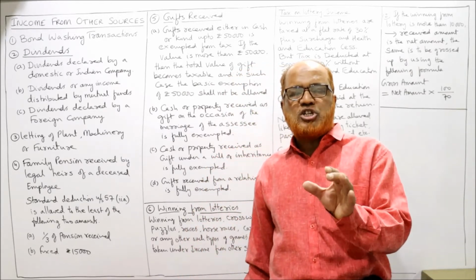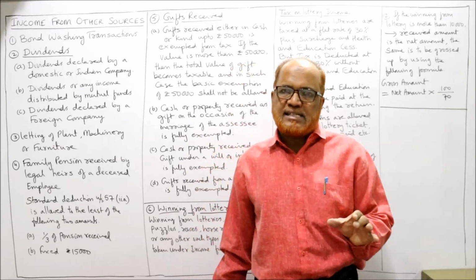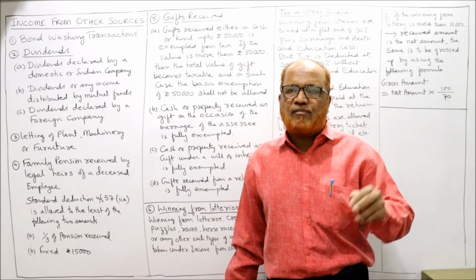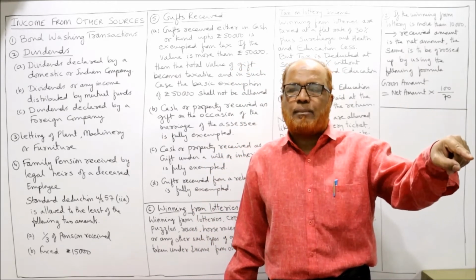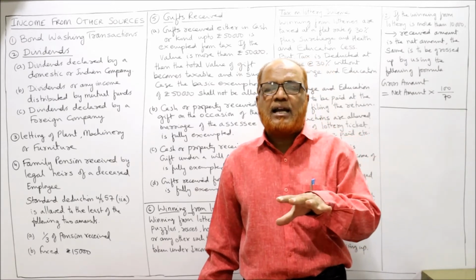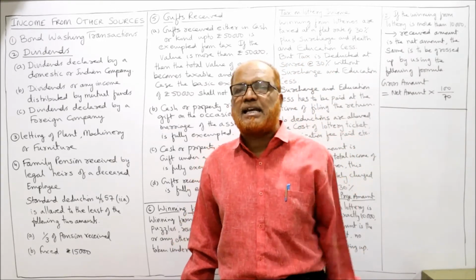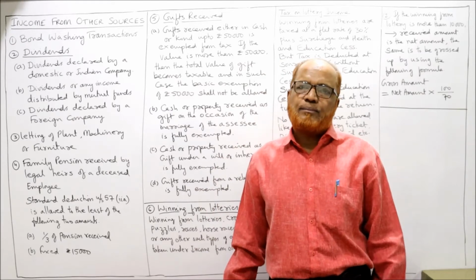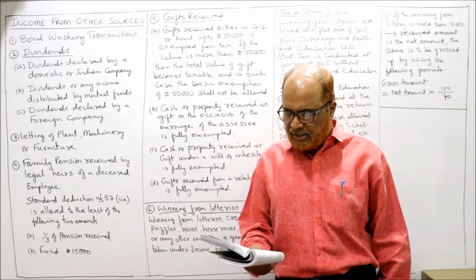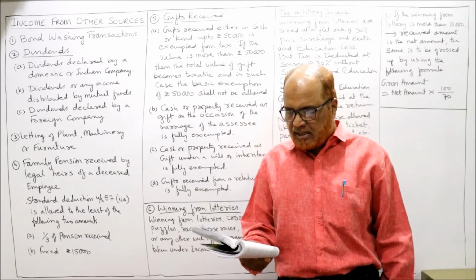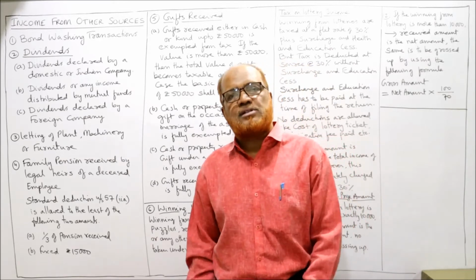So what the new provision says is, if an assessee receives dividend from Indian or domestic companies and the total aggregate dividend income exceeds 10 lakh rupees, then the excess amount is taxable at 10%.